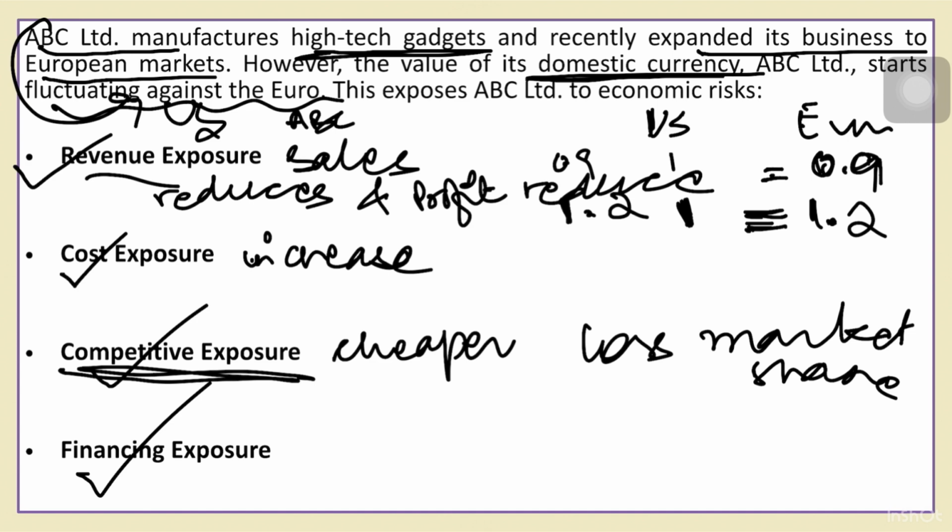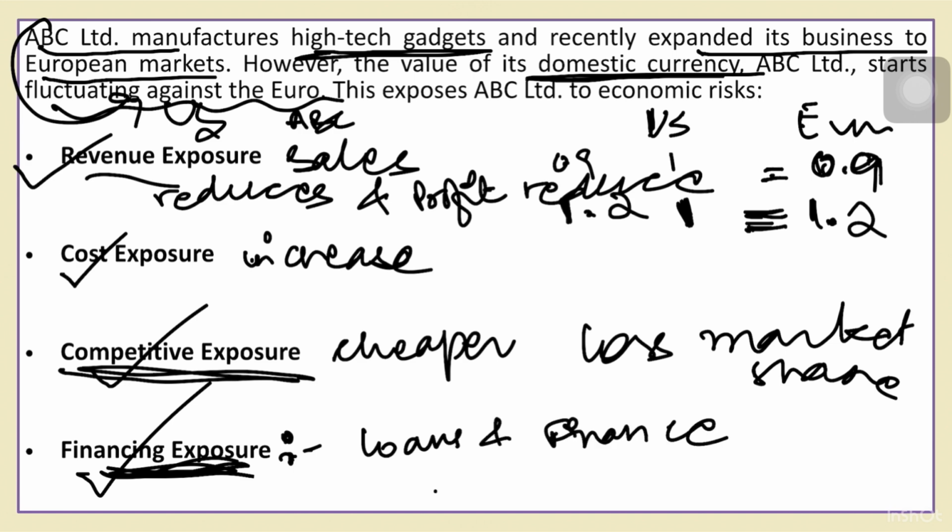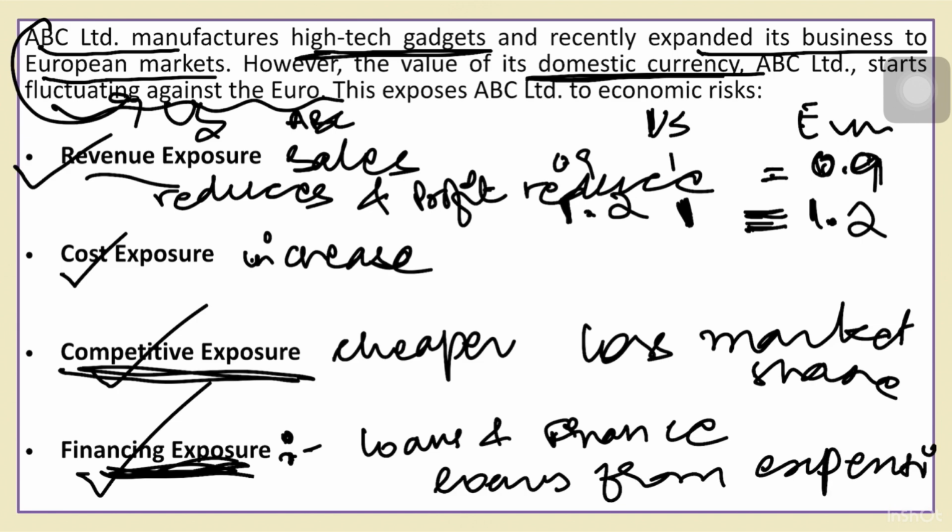And for financing, if ABC Limited, for operating in the European market, was fetching loans or finances from the European market, those loans and finances from the European market will be expensive now.